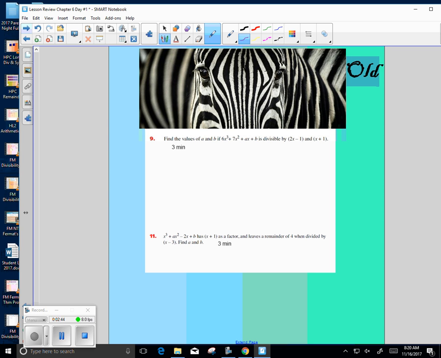You're going to do this twice. So for number 9, you have 6x cubed plus 7x squared plus ax plus b. And it says it's divisible, meaning that this 2x minus 1 factor is going to be what root? 1/2.